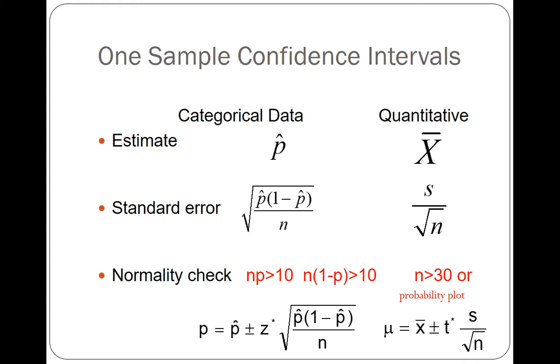For quantitative data, either the data could be normal to begin with, or n bigger than 30, because then the central limit theorem kicks in. That's what CLT stands for. Or use the probability plot to see if it's plausible that the data came from a normal distribution.